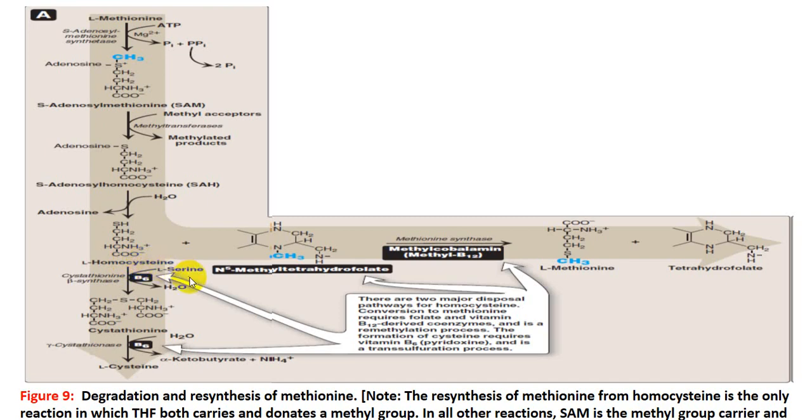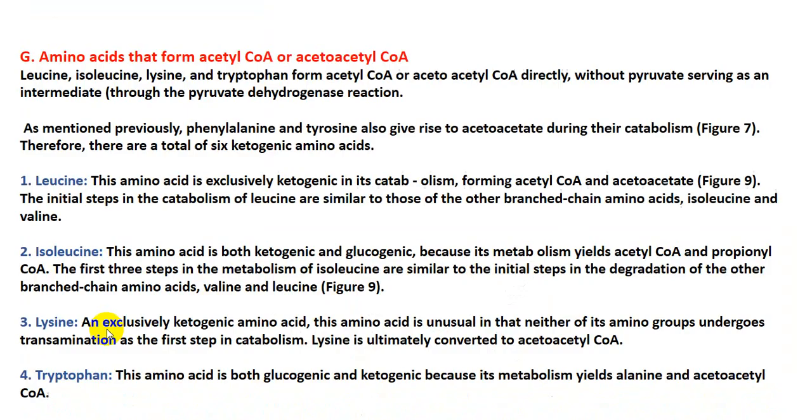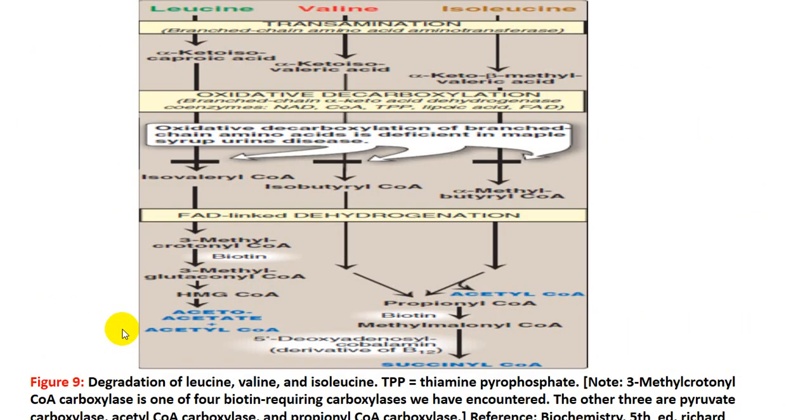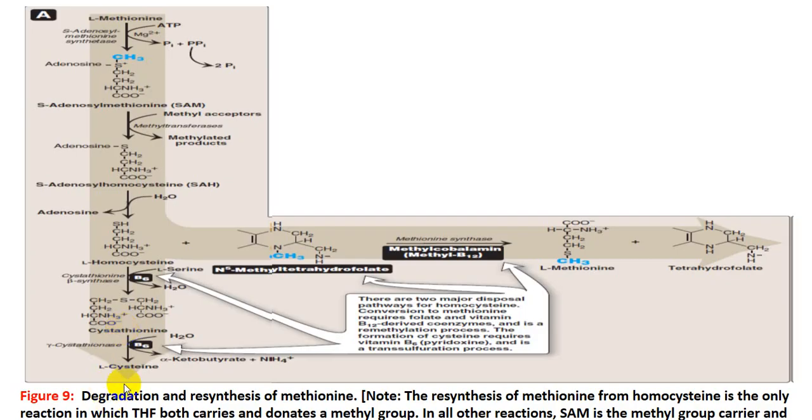Homocysteine condenses with serine to form cystathionine, and this reaction requires vitamin B6, a water-soluble vitamin, or pyridoxal phosphate. Cystathionine is then converted to cysteine and alpha-ketobutyrate.